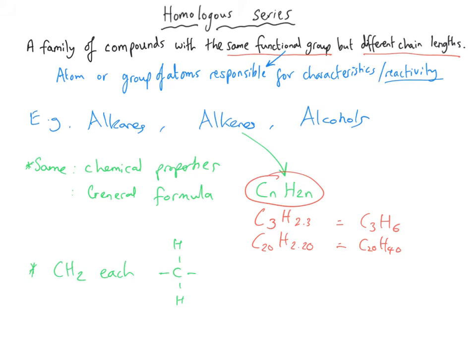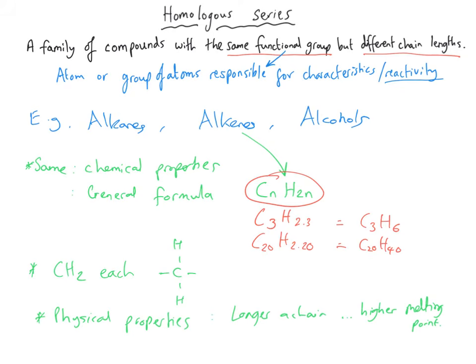So they don't have the same physical properties, but their physical properties are predictable. That means we can make statements, for instance, that the longer a chain, the higher the melting point or boiling point. And we can make comments about solubility as well. This is also affected by the chain length.